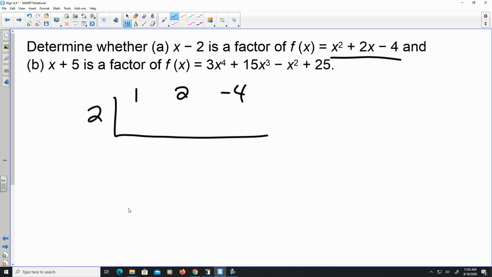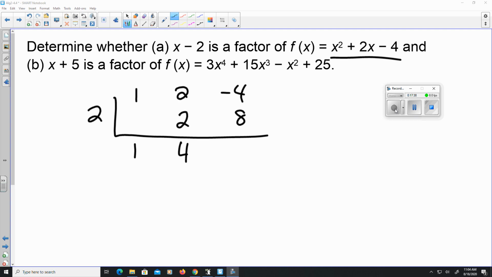should be a 0. So I drop down the 1. 1 times 2 is 2. 2 plus 2 is 4. And then 4 times 2 is 8.